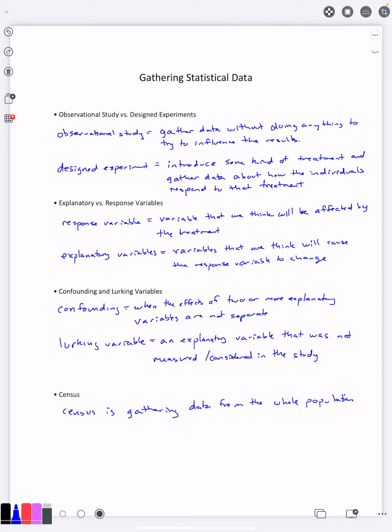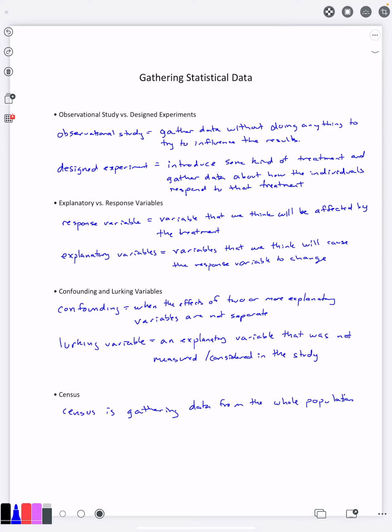And if you want to do a census for anything, it's pretty much impossible. Even our government, which does the census every 10 years, even though they spend so much money and time and effort trying to get it, still isn't going to get data from every single person living in the U.S., no matter how hard they try. So a census is something we'll try in very, very limited circumstances, but it's pretty much impossible practically to do one.